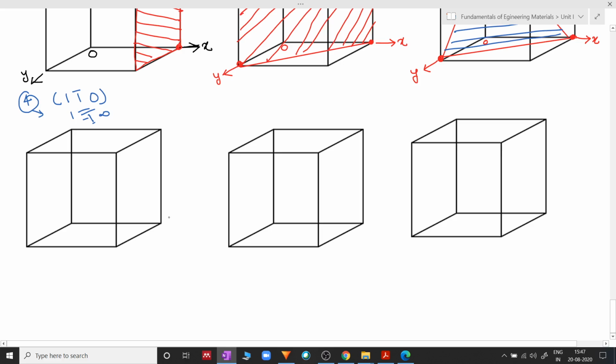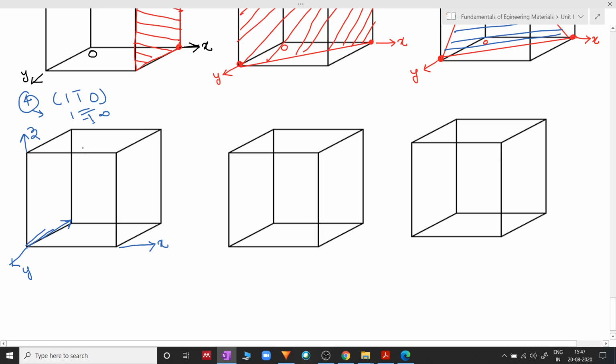See, I will draw here. Let us say we take this as the x axis and this as the y axis, this as the z axis. Now we have negative y axis. This is a negative y axis. Okay, negative y axis.